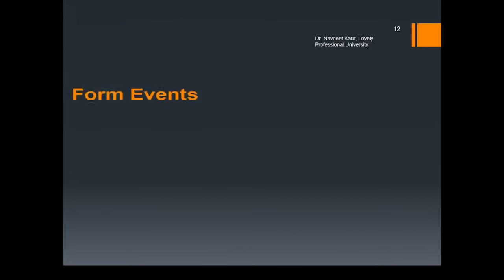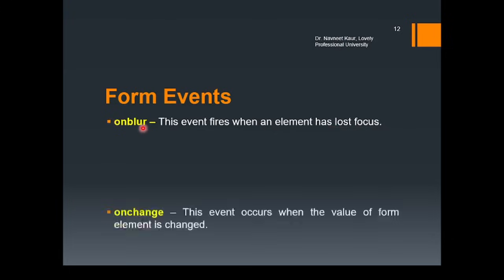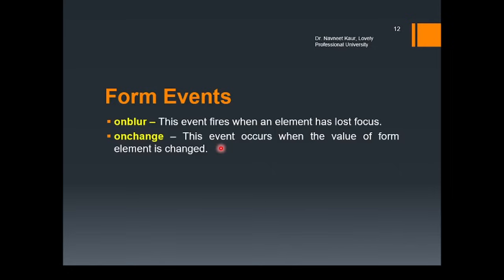Moving on to the other kind of events, that is form-based events. First of all, we have on blur. This event fires when an element has lost the focus. We will understand this with an example. Right now we can go through all these events. Then we have on change. This event occurs when the value of a form element is changed.